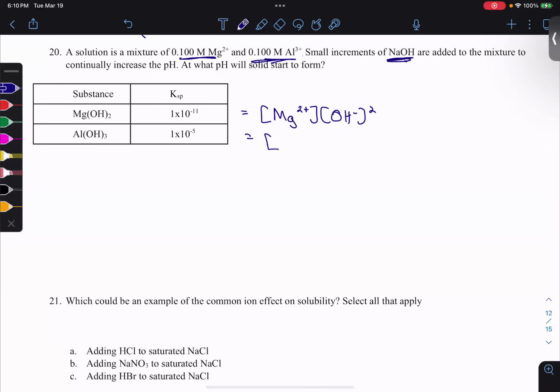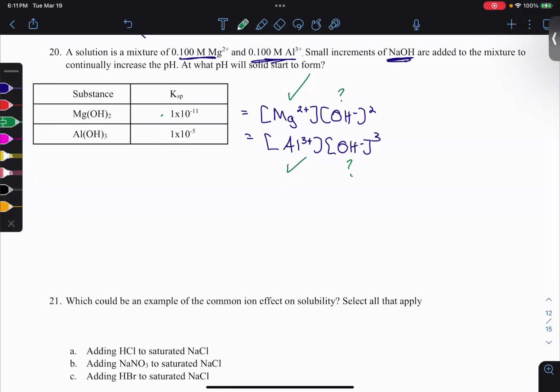For aluminum, it's aluminum 3 plus times hydroxide concentration, but it is cubed. I'm telling you what the concentrations of the metals are. I'm setting those. So I want you to tell me the minimum amount of hydroxide required to get to that KSP value. We can solve for that because we know KSP, we know the metal concentration, we just solve for hydroxide concentration.